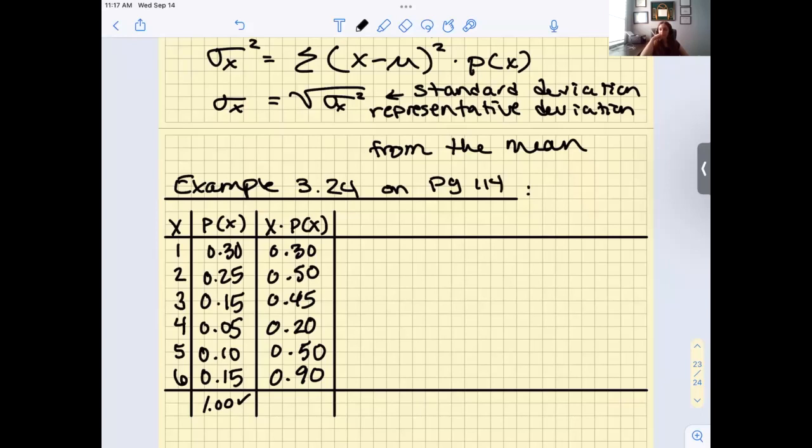So what do you get when you add them all up? $2.85. So this represents your weighted average.